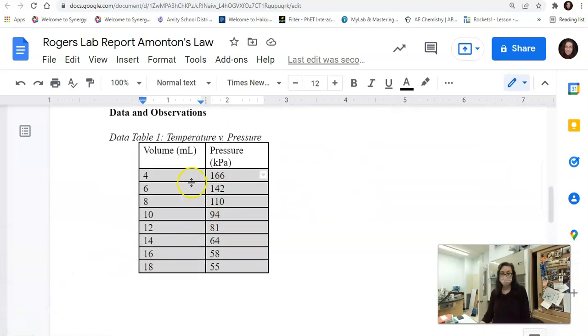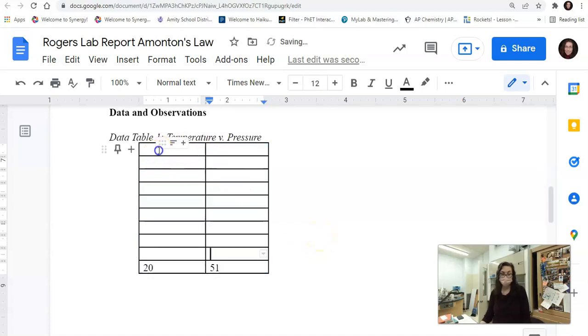Okay, so I'm going to change my data table to be the data that was collected in the lab. So, oops. Here it is. So I'm going to insert my data table that I collected instead. Oh, that didn't work. Let's just delete this one.